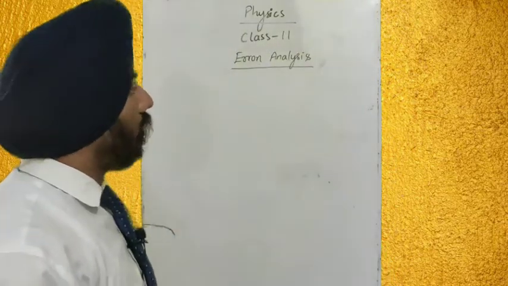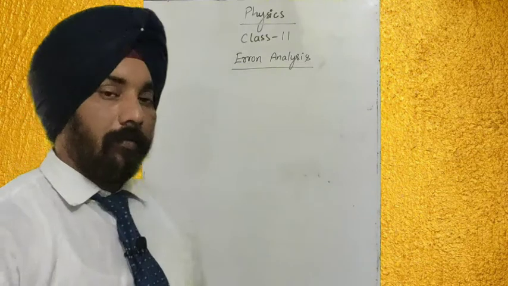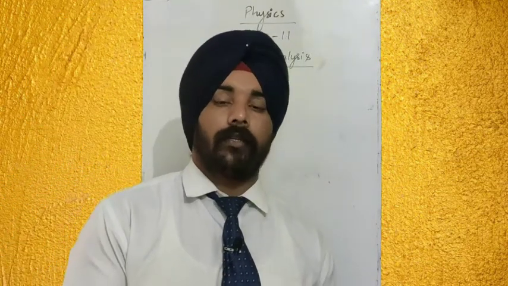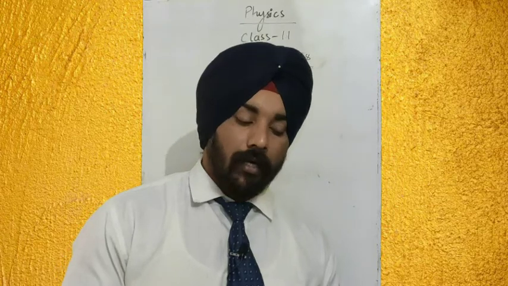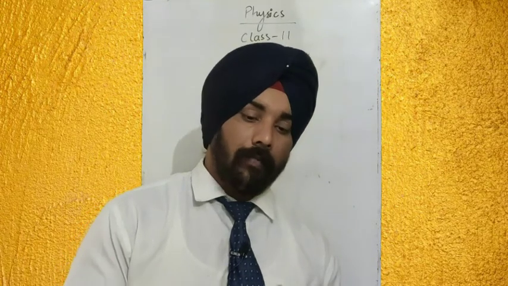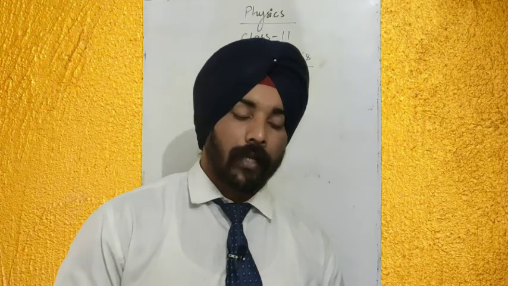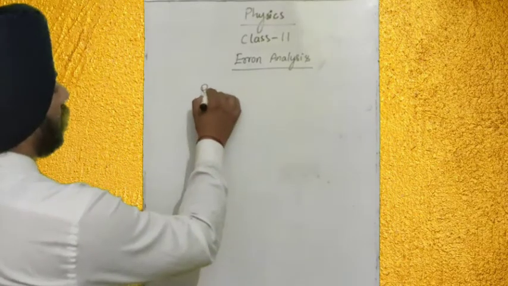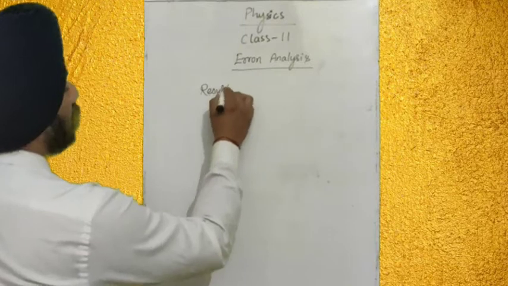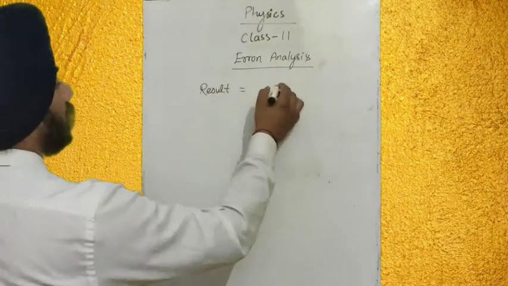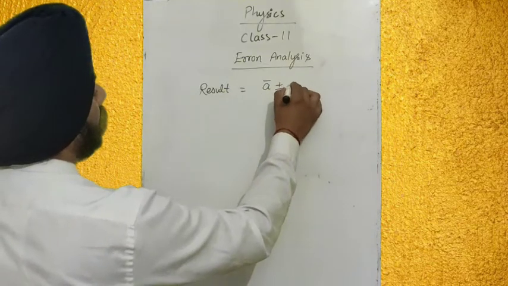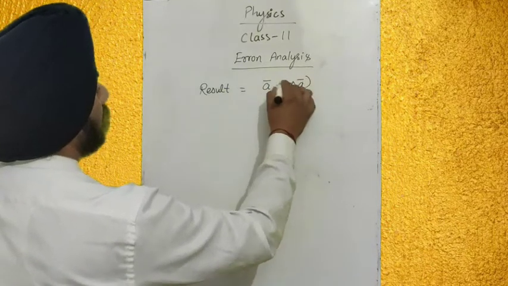Now today we are going to discuss a very important part of error analysis, that is combination of errors. How the errors are combining in different mathematical expressions. I told you how to write the result of a physical quantity, like true value plus minus error in it.